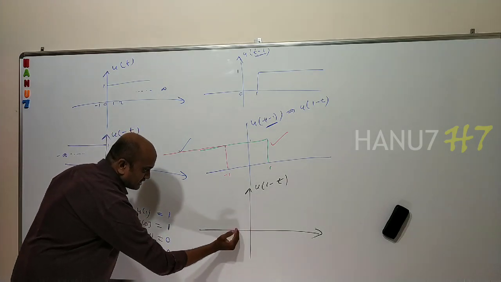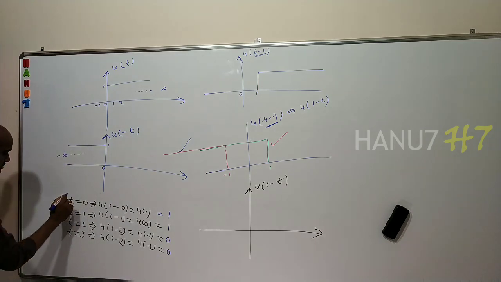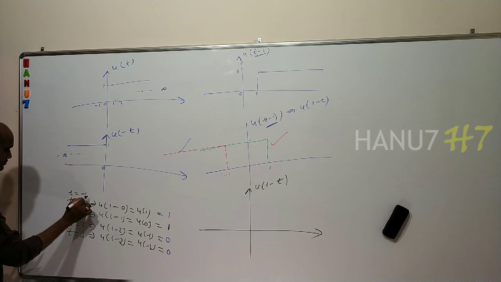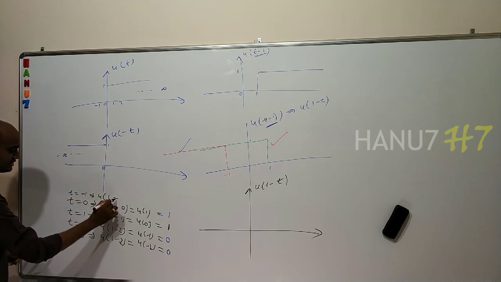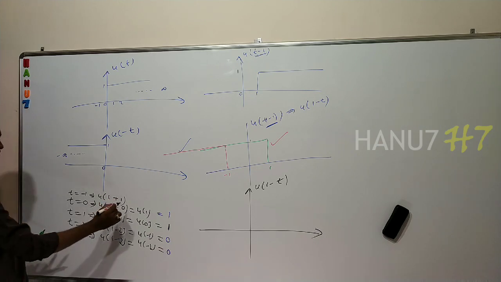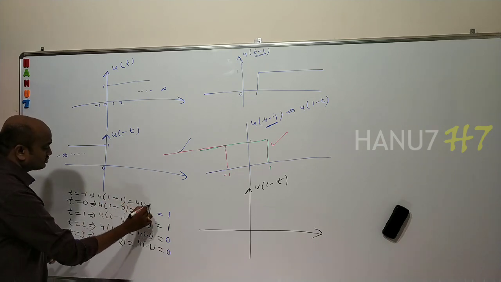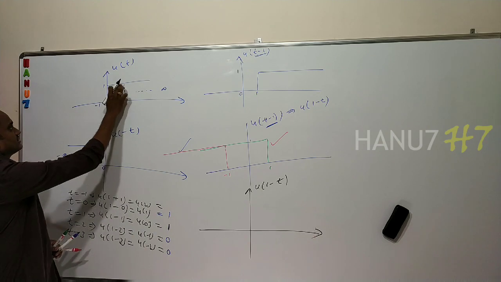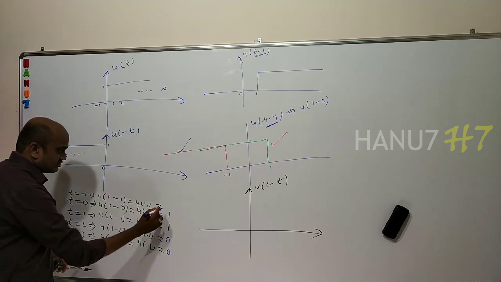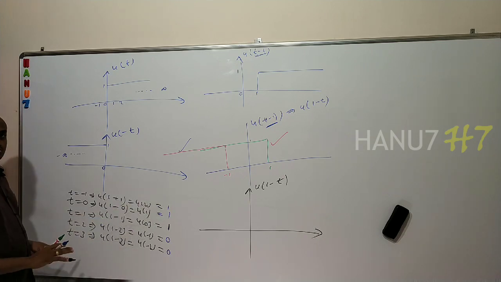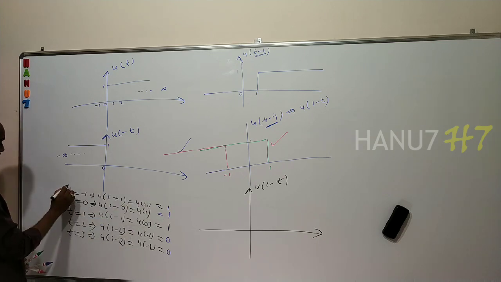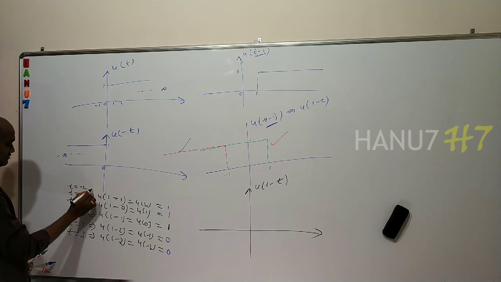And we will start in the negative axis now. At t is equal to minus 1, that implies u of 1 minus of minus 1. It will become plus 1, so that is u of 2. What is u of 2? It is 1. So for negative value t is equal to minus 1, we got the answer u of 2 is equal to 1. Take another sample, minus 2.